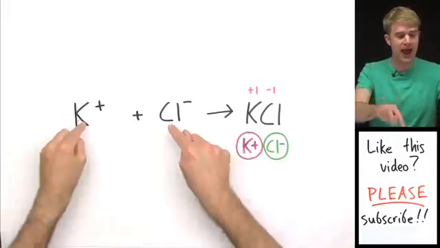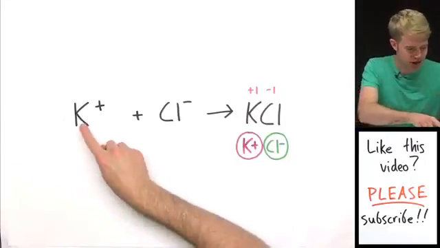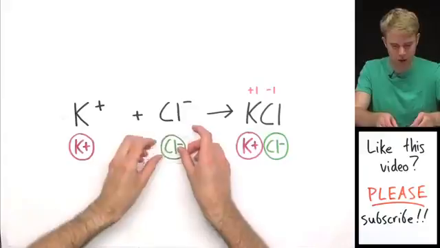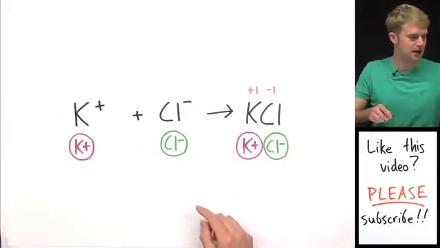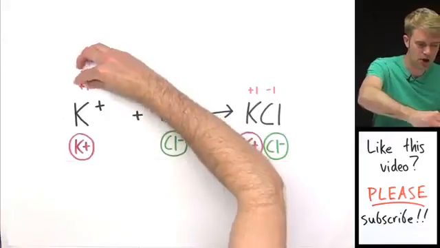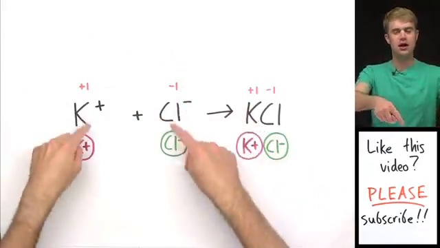But the atoms over here, they already have charges, right? K+, here's a picture of the atom. Cl-, here's a picture of the atom. And I can put these numbers above them. Got 1+ for K, minus 1 for Cl.